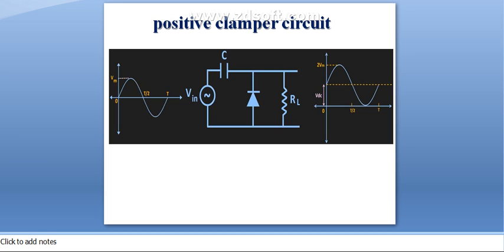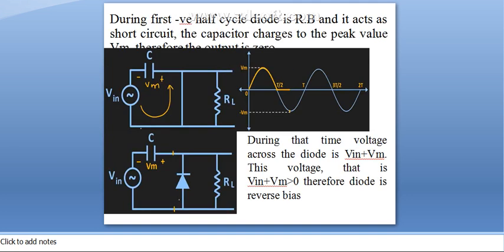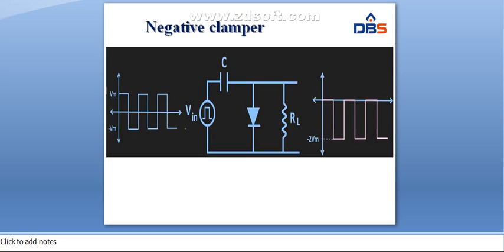So the negative clamper consists of a diode connected in parallel with the load. The capacitor used in the clamping circuit must be chosen such that it charges very quickly and does not discharge drastically.